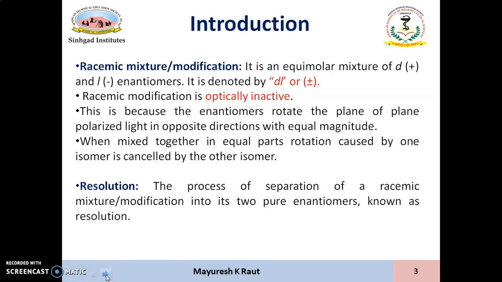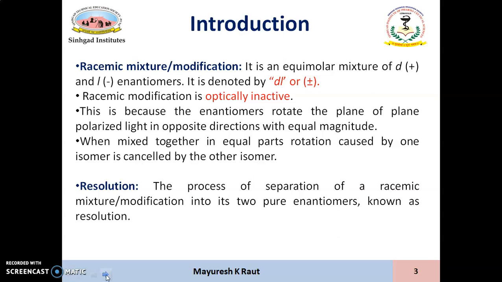So, what do you mean by racemic mixture? Racemic mixture is also called racemic modification. It is an equimolar mixture of dextro and levo enantiomer. It is denoted by DL or plus minus sign. Racemic modification is optically inactive.